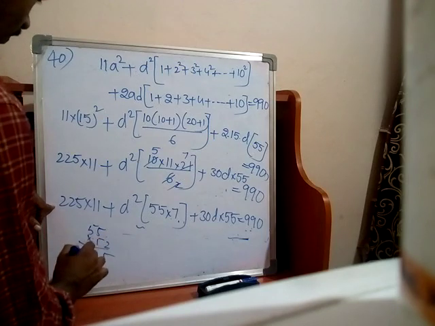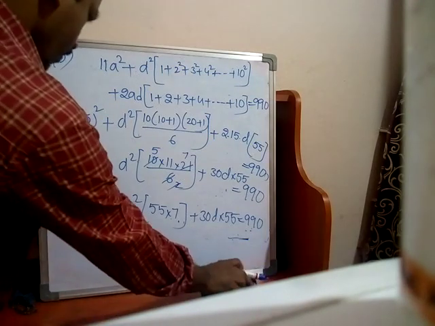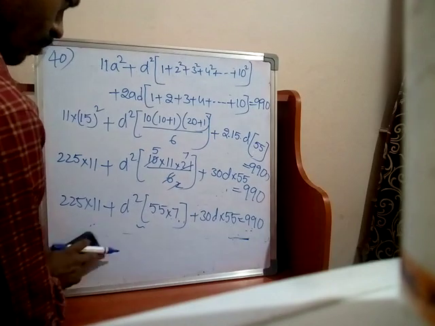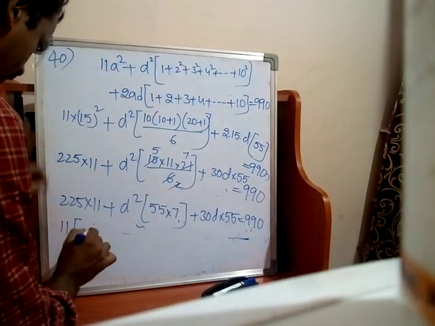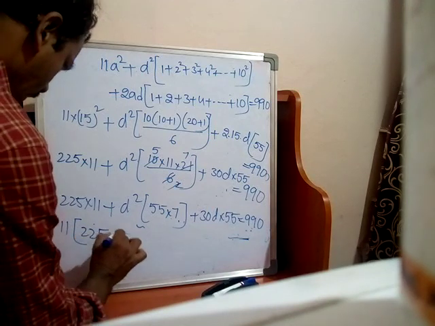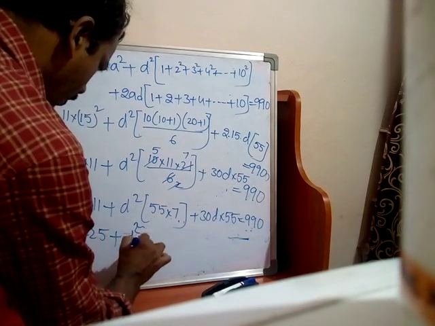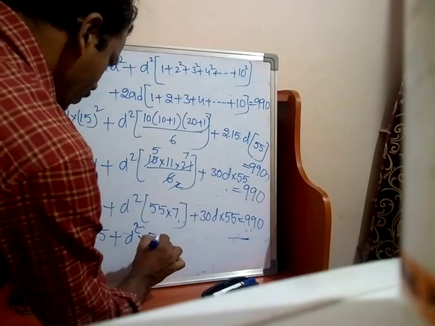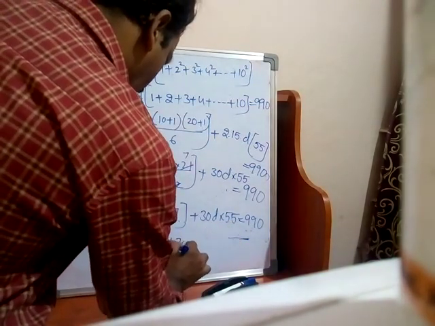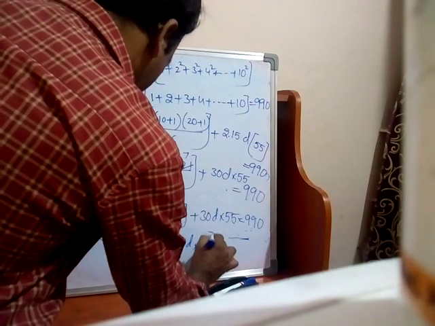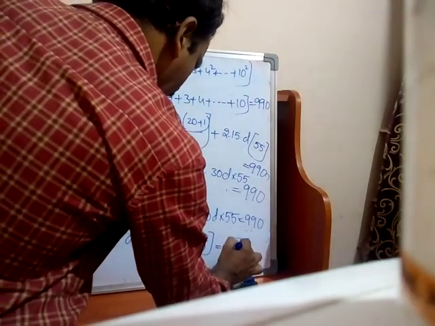By taking common 11, 225 plus d square into 5 into 7 plus here 30d into 5, that is equal to 990.